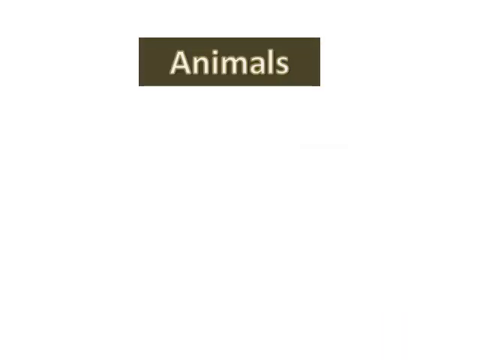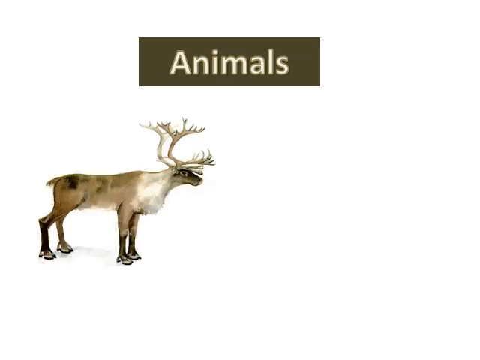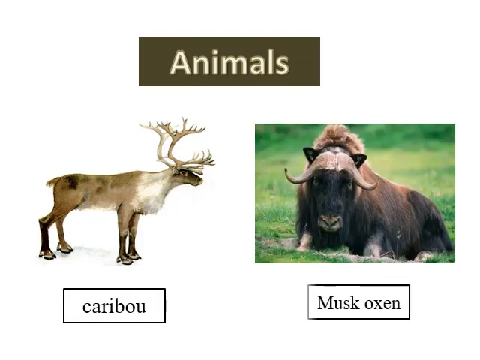As for the animals of the tundra biome, it actually very much resembles those of the taiga biome, because it's like an extension for the taiga biome, but it's more cold. So you will find the animals of the tundra biome, such as the caribou or the musk oxen.